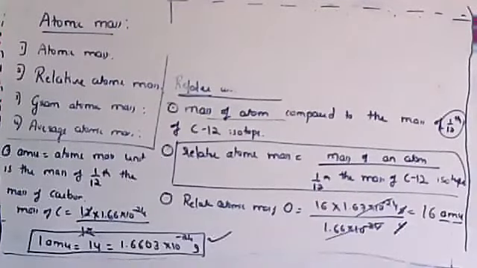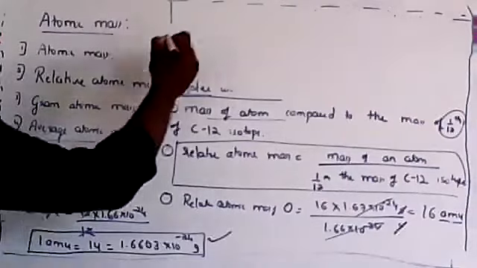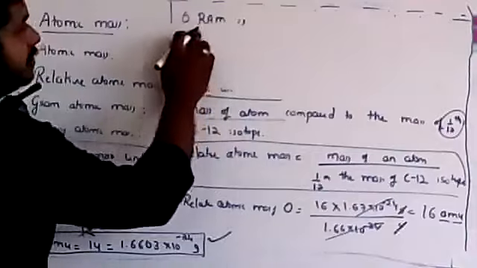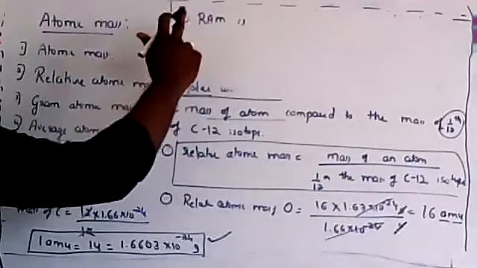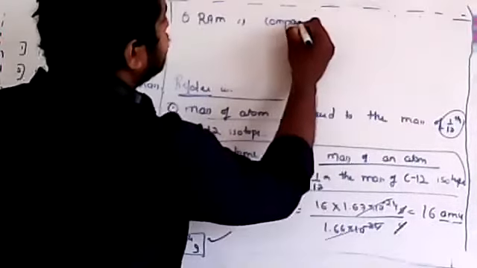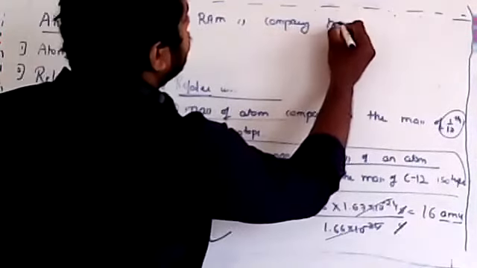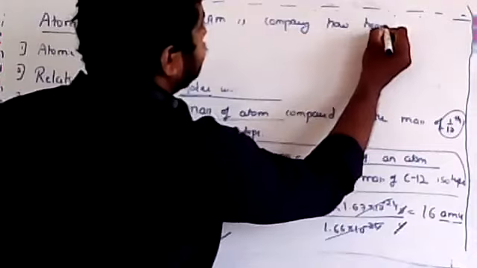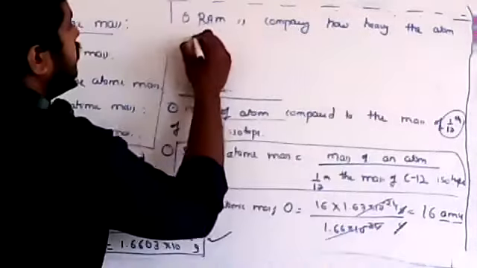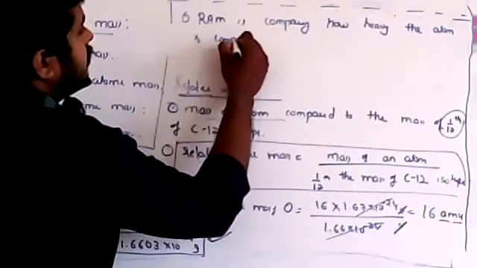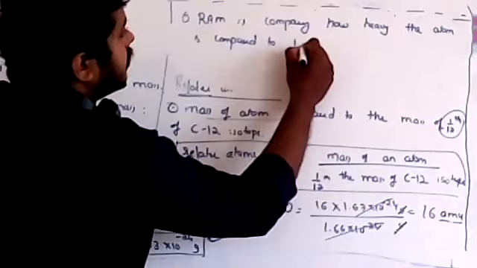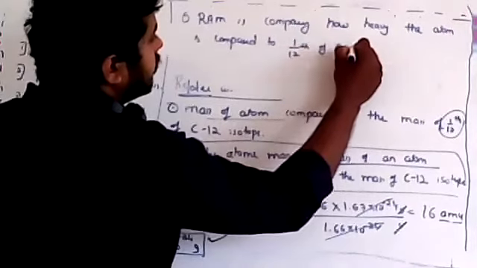So relative atomic mass is just comparing how heavy the atom is compared to 1 by 12th of carbon.